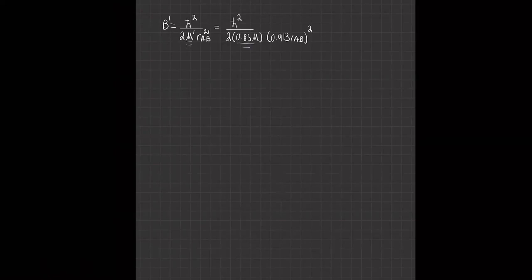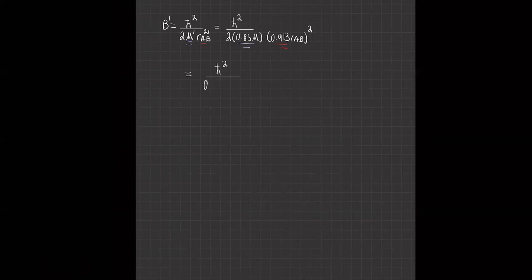This is what this is equal to, and from the problem, this is what this is equal to. And then this is just going to be equal to h bar squared and 0.913 squared times 0.85.